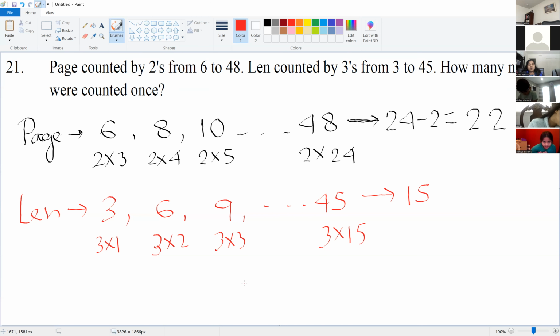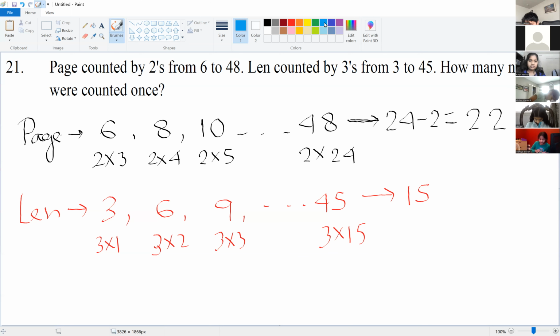So I subtracted 8 from the total number, but then it says Lean counts by 3 to 45. So total numbers counted was 22 by Page and 15 by Lean, which is 37 total. And how many numbers are repeated?